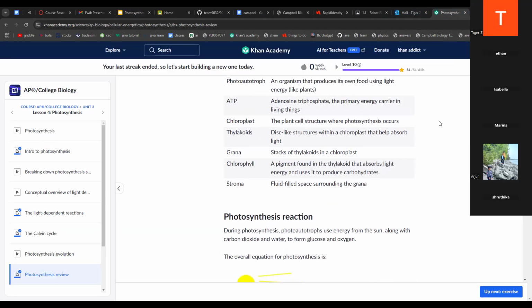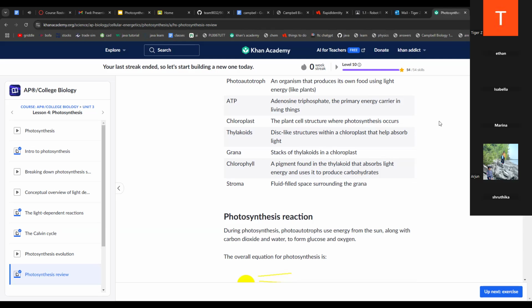Okay. Can someone give me the overall reaction for photosynthesis? It's basically the opposite of cellular respiration. Carbon dioxide plus sunlight and H2O turns into glucose and oxygen. Nice, yeah.